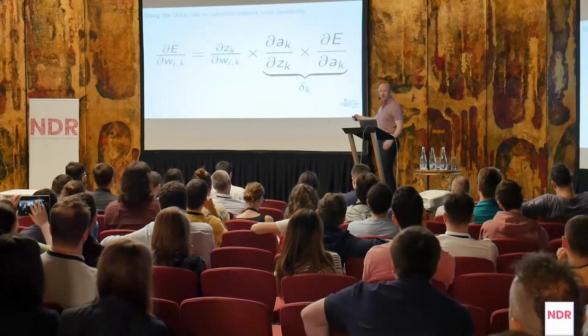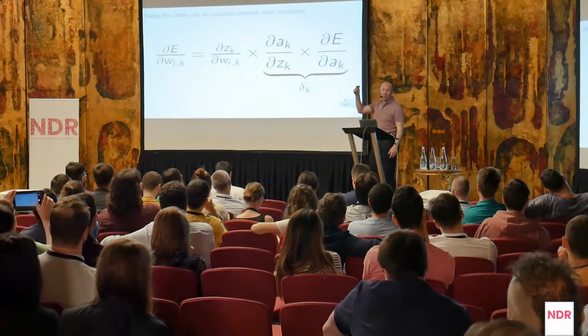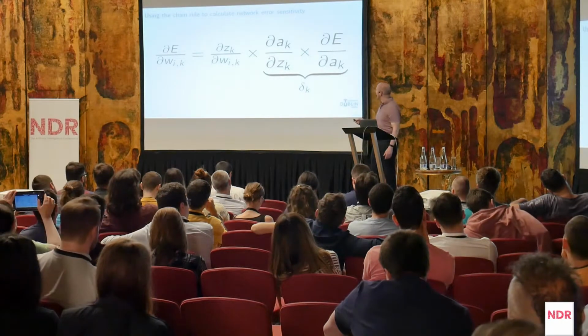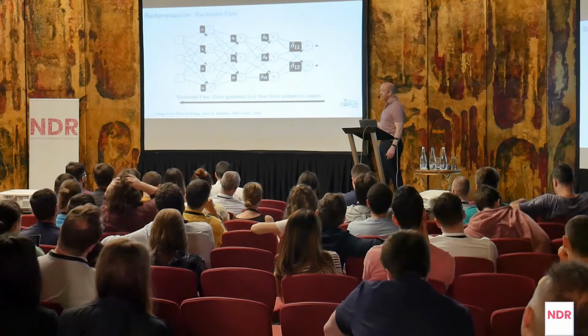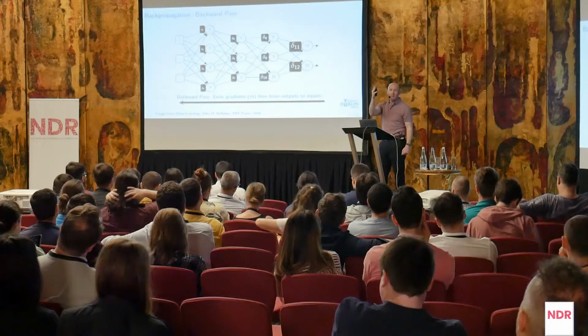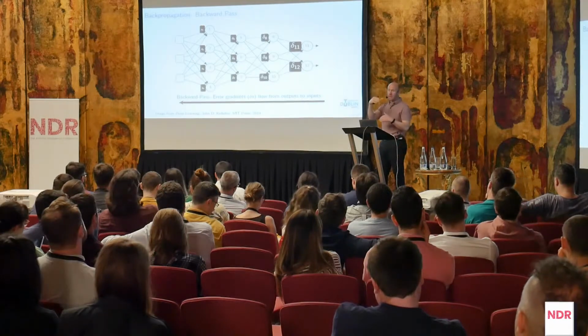The reason it gets smaller is because this term here, for example if we use a logistic function, has a maximum value of 0.25. That means every time we go back through a layer, the gradients get multiplied by a maximum of 0.25, and that's why they get smaller. That's why we have vanishing gradients, and why changing to a ReLU, which doesn't have that maximum value of 0.25, can help with vanishing gradients.